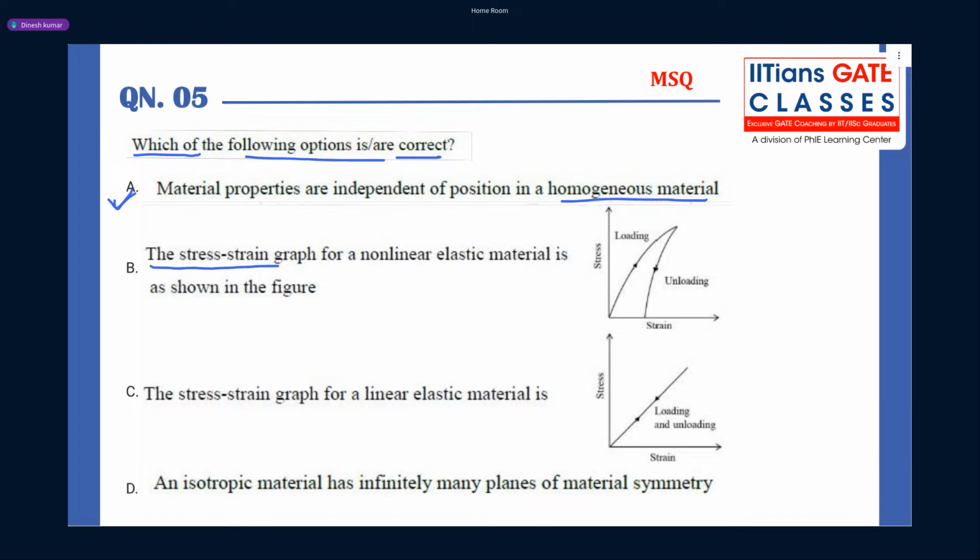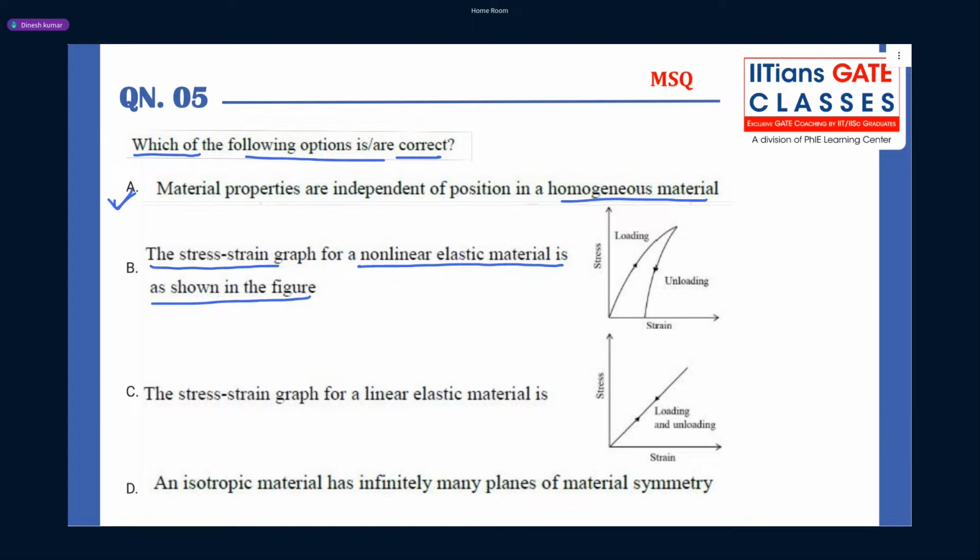Read option B, what it says: the stress strain graph for a non-linear elastic material is as shown in the figure. Can anybody tell why option B is not correct? See, what does elastic material mean? Elastic materials are those materials where, when they are loaded and unloaded, there is no permanent deformation, right?